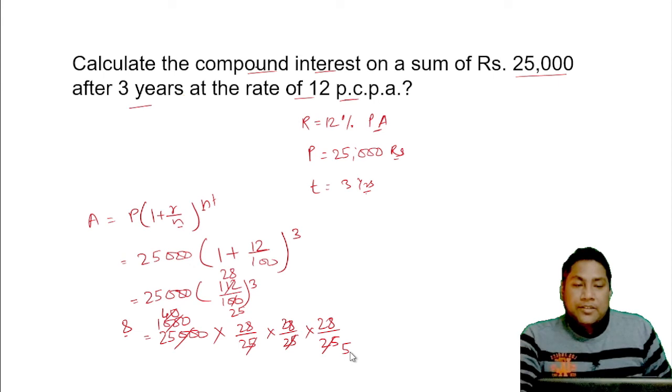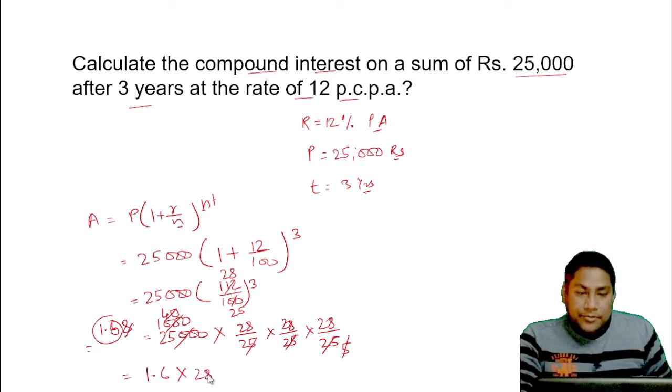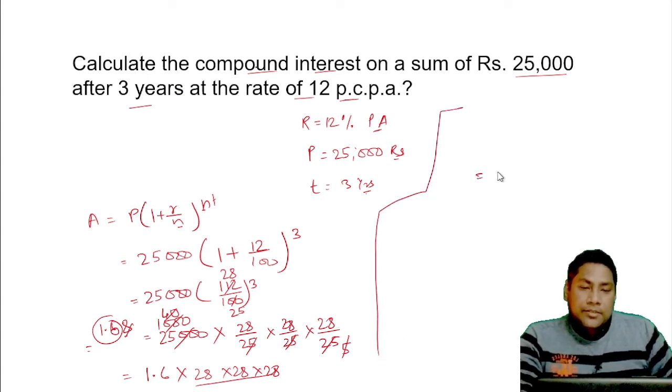If we cut 5 by 8, it will become 1.6. So we find 1.6 multiplied by 28 into 28 into 28. So friends, we write here 1.6 multiplied by 28 cube.